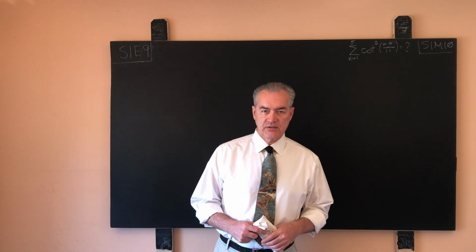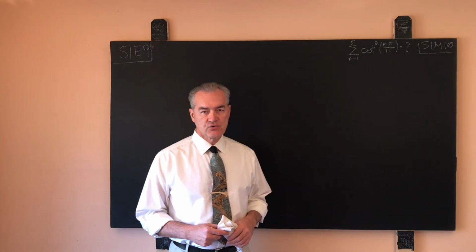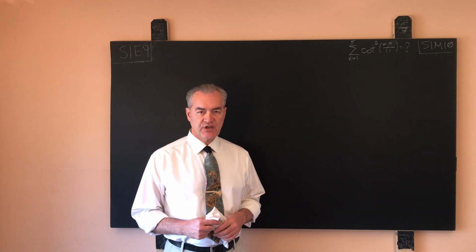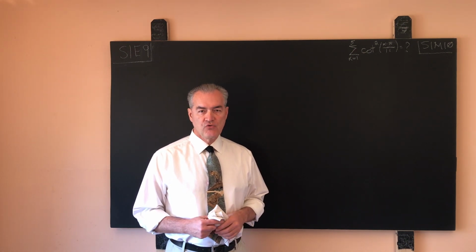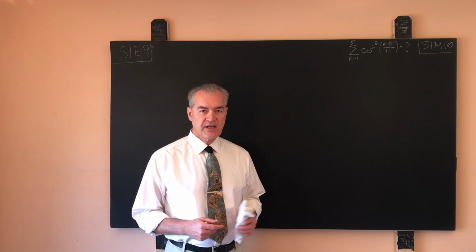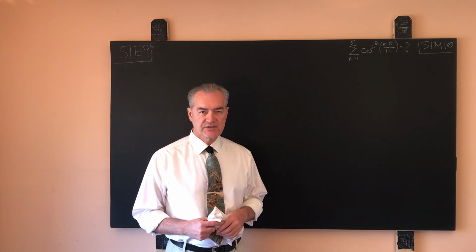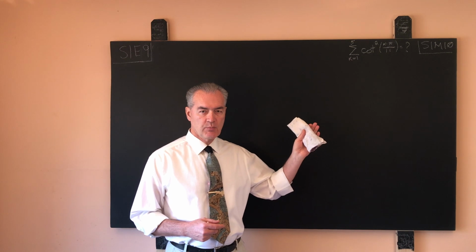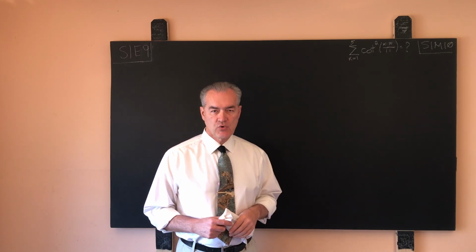In this particular problem, we're asked to find an alternative representation or a synonym for the real number that is attached to the finite sum shown in the upper right corner of the board over here.